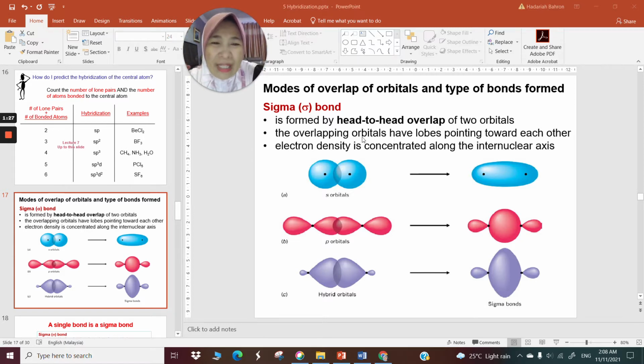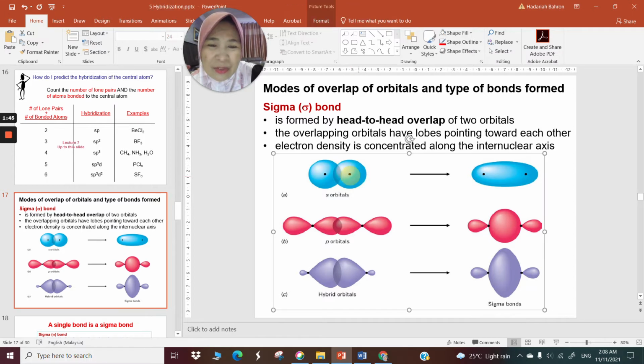So the overlapping orbitals will have their lobes pointing towards each other, and the electron density is concentrated along the internuclear axis. So these are the nuclei, one nucleus there and another nucleus there.